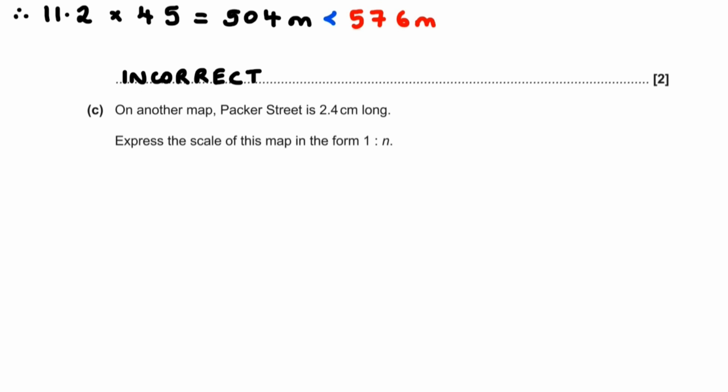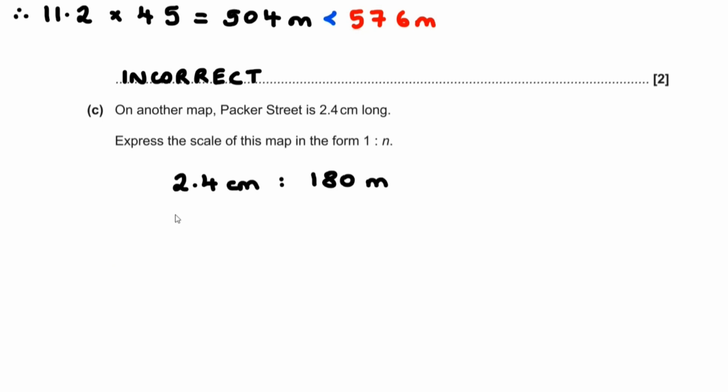Part C. On another map, Parker Street is 2.4 centimeters long. Express the scale of this map in the form 1 to n. So, what we have is 2.4 centimeters equaling 180 meters.